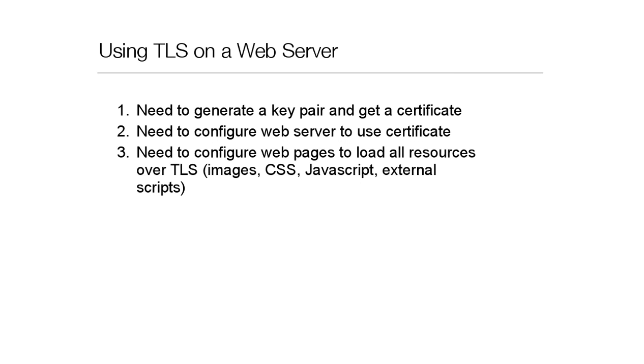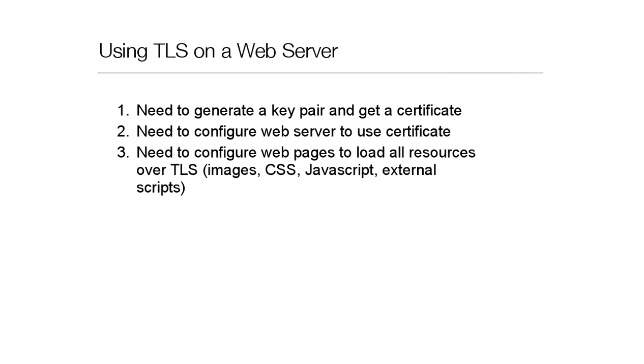So there are mainly three things to be done. The first thing is we need to generate a public and private key pair and get the public key signed by a trusted certification authority, which is a trusted third party. The second thing is, once we get that certificate, we have to configure our web server to use that certificate, which is signed by a trusted certification authority.